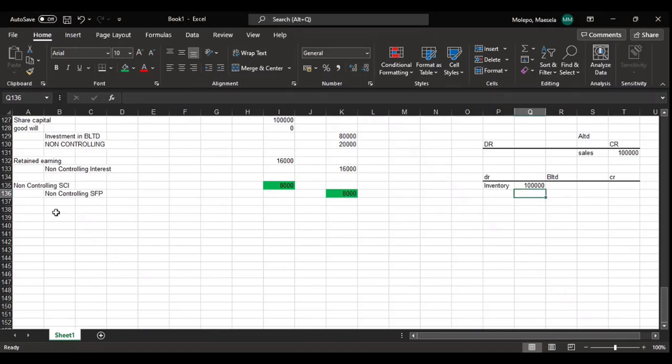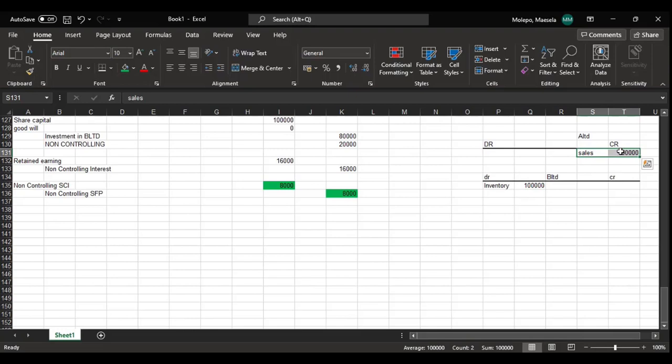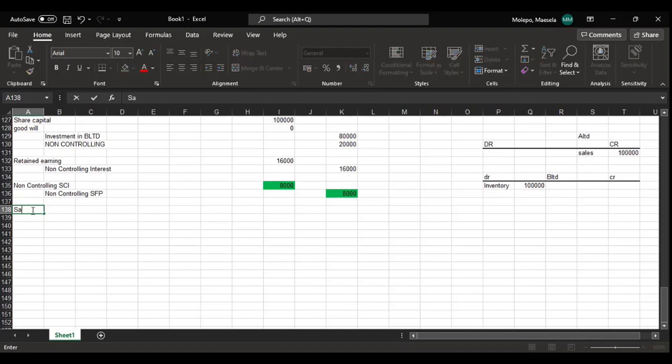Okay. So now we want to eliminate this thing that happened. So on the A limited, it was credited, right? You see, on his book alone. So now, because we are taking it off, we will say sales A Ltd. We put it on the debit of 100,000.